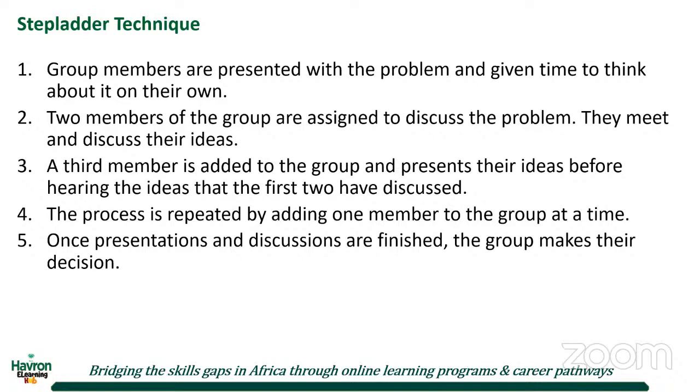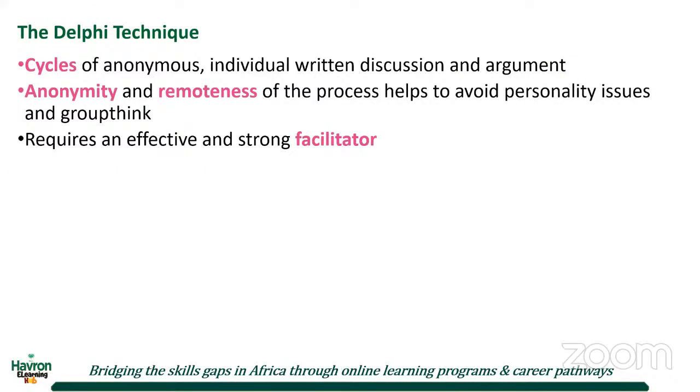So now we also have the one we call the Delphi technique. This technique is very useful when you have people who are considered experts on a topic and you are looking for information to help with forecasting or resource allocation. This technique works by using cycles of anonymous individual writing, discussion, and arguments, and is coordinated by a facilitator.